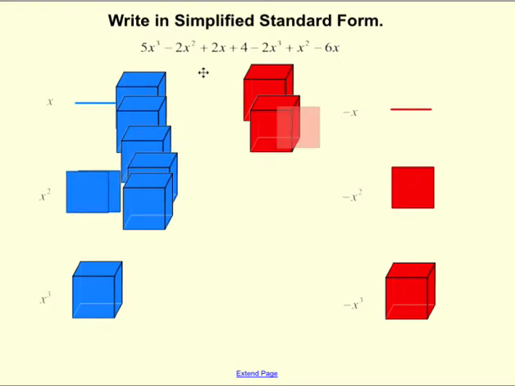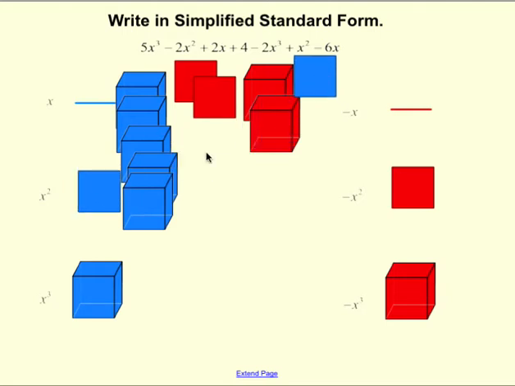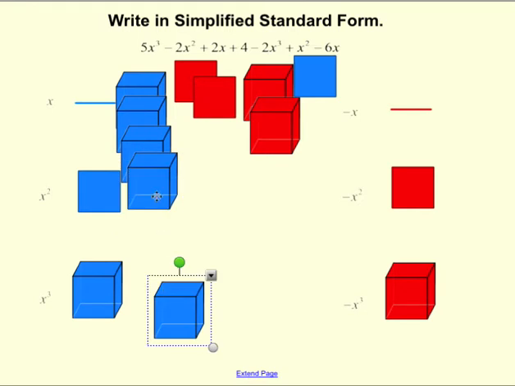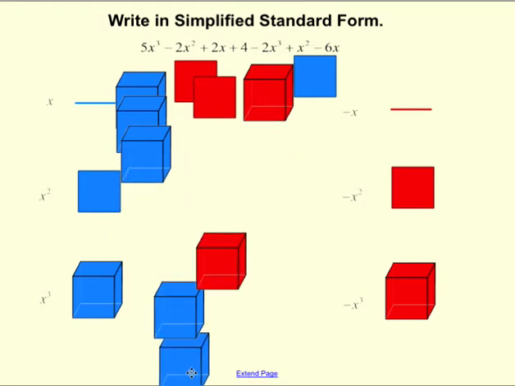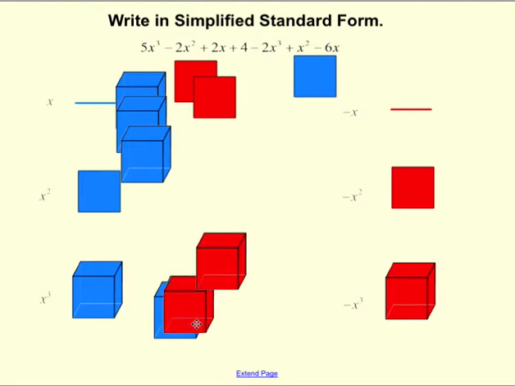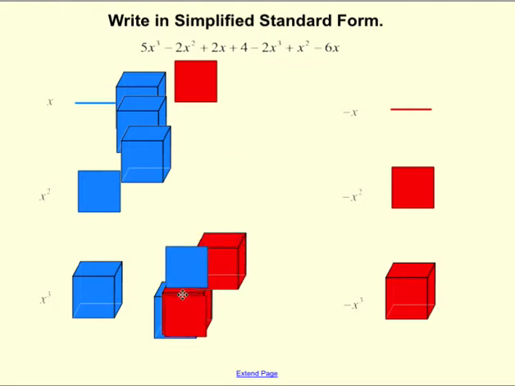So I have negative 2 squares here, and I have a positive square here. Now here's the biggest thing. I can only combine cubes with cubes. My squares are not going to cancel. So this cube here can cancel out this cube here. This cube here can cancel out this cube here. This square here will cancel out this square here.